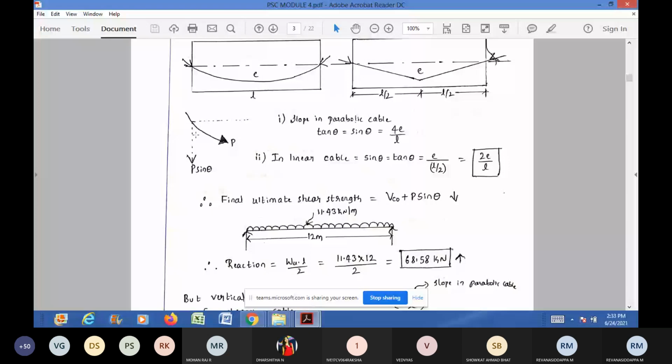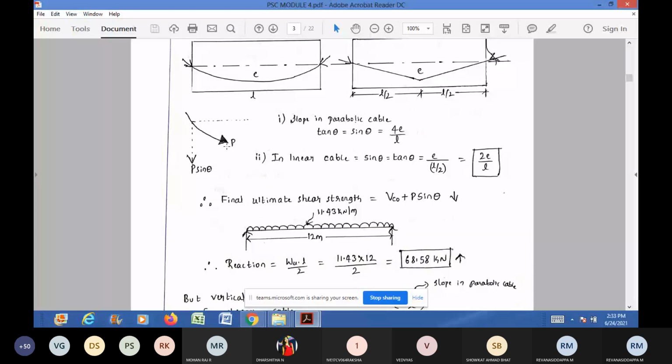So while calculating shear force at the support, we should take into consideration this pre-stressing force also. While calculating shear force at the support or at any other point, we should take into consideration the pre-stressing force in the cable as well.